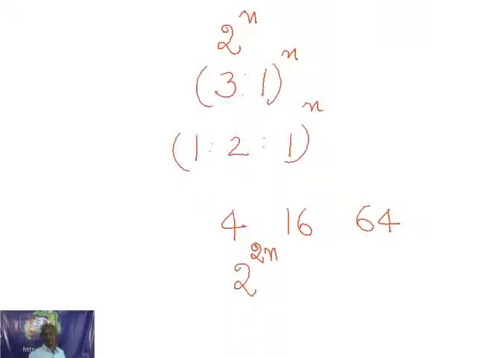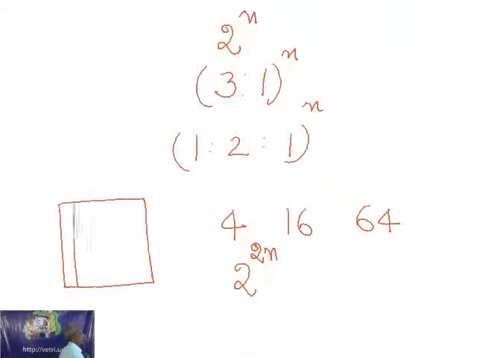Okay, 2 to the power of 2n, because you see, while you are drawing the checkerboard, you are writing the male gamete on this side, female gamete on this side. How do you write the male gamete? The formula for the gamete is 2 power n. Here it is female gamete 2 power n. 2 power n into 2 power n is equal to 2 power 2n. Now please don't make the mistake of writing 4 power n. Don't write 4 power n.